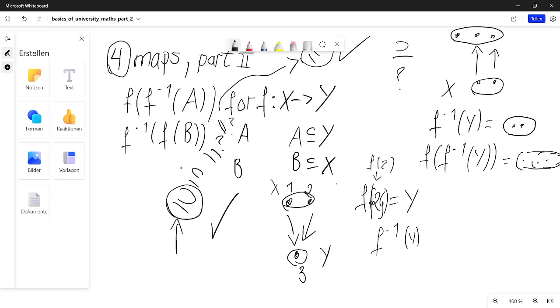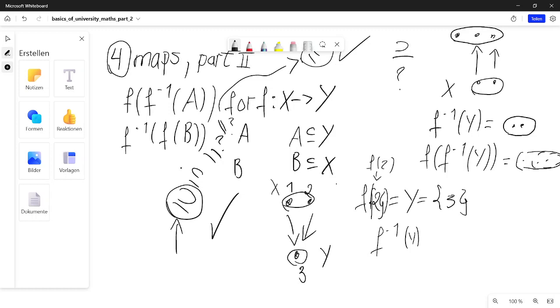We have that this is already y, because we have only one element, so 2 is certainly mapped to 3, so f of 2 certainly contains 3, and certainly 3 is contained in f of 2, because that is just the definition of f of 2. So this set is equal to a set containing 3, right? Just look at that, pause for a little and look at that to see that.